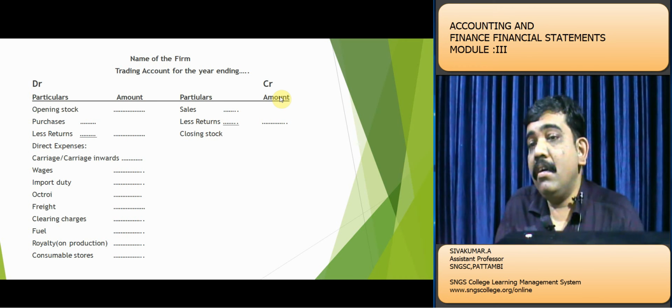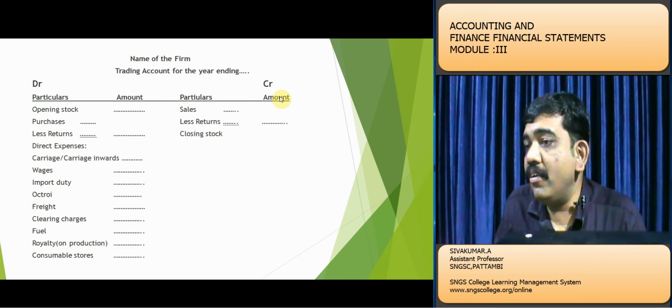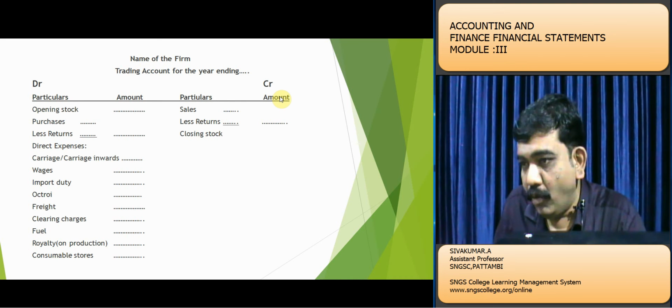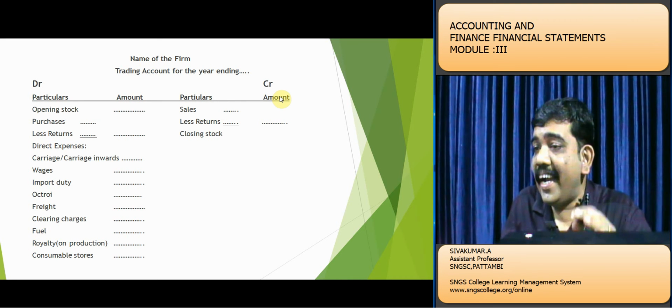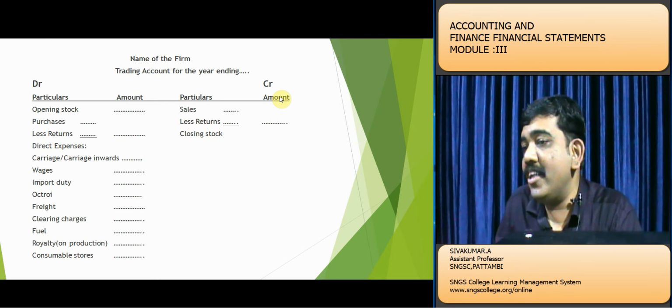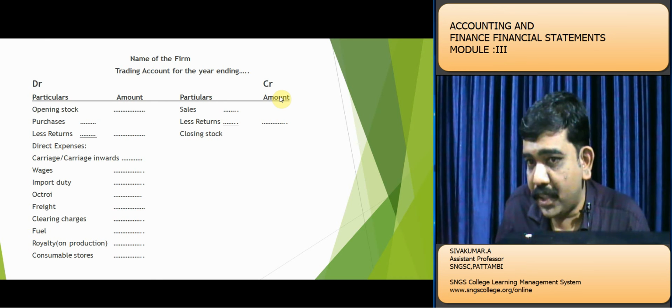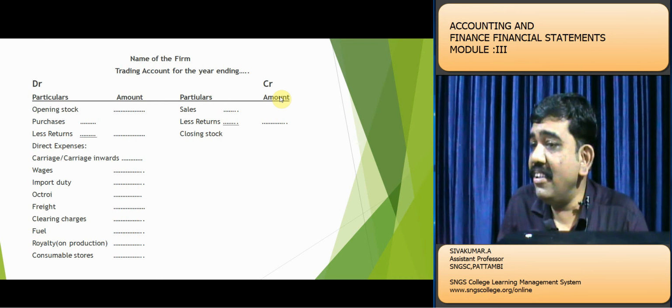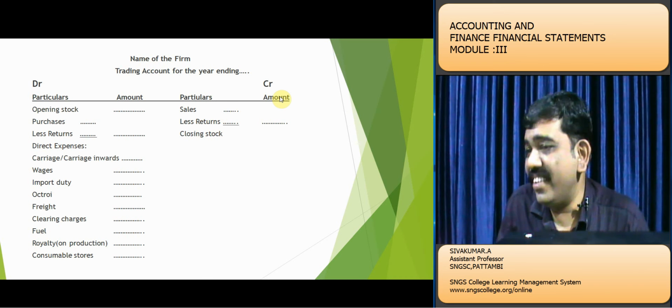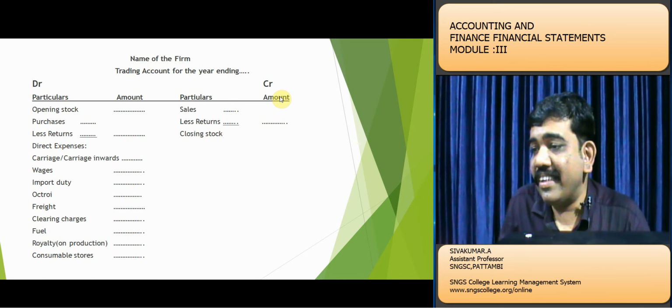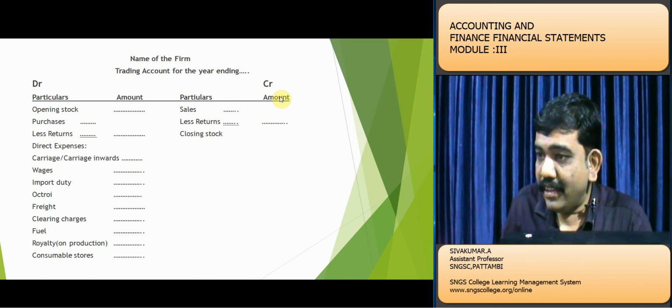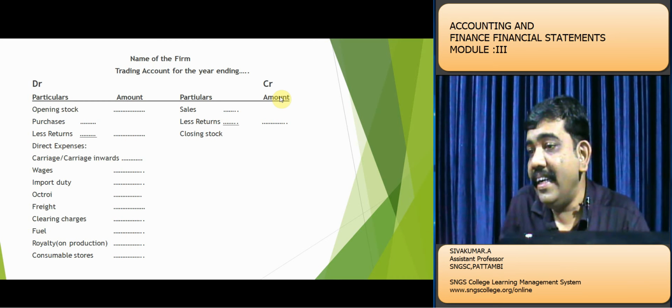Then you have to consider what are the items which are to be debited in the trading account. Trading account debit side: direct business expenditure debit items. First one is opening stock, second one is purchases, then you have to deduct purchase returns from purchases, and third one is other direct expenditure.